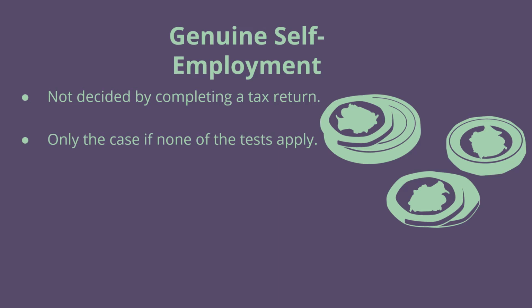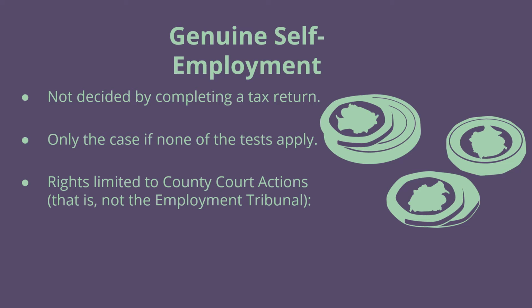What matters is therefore whether any of the tests apply, and it is only if you cannot show that there is personal performance, control, or mutuality of obligation that you will be genuinely self-employed. Unfortunately, if that is the case, then you will have no rights in the employment tribunal, and you will only be able to make a claim in the county court for either a breach of contract or discrimination.